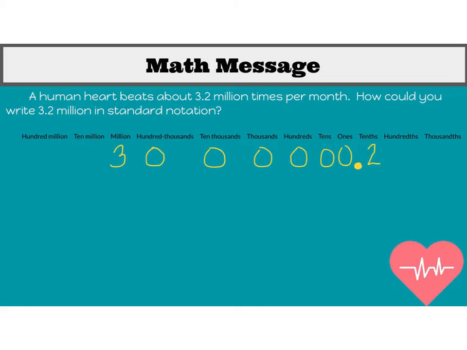So in reality, when we go to put in all of our commas, we're going to count starting here, 1, 2, 3, and then you're going to place a comma, and then 1, 2, 3, and you're going to place that next comma. So that's what that number would look like. Did you figure it out?